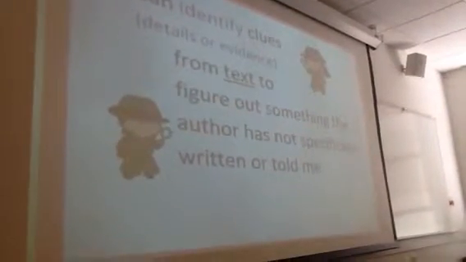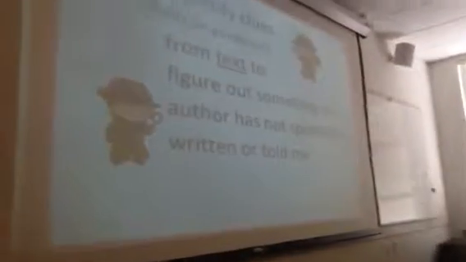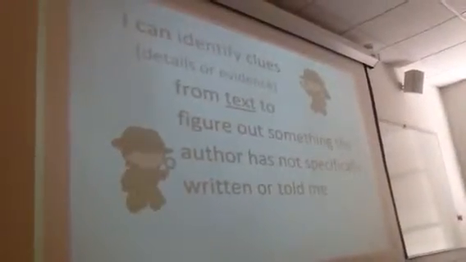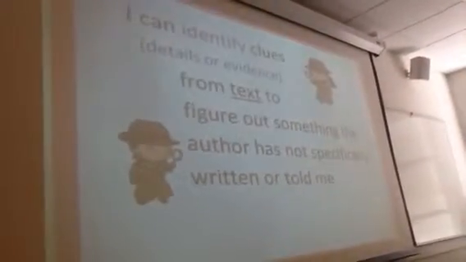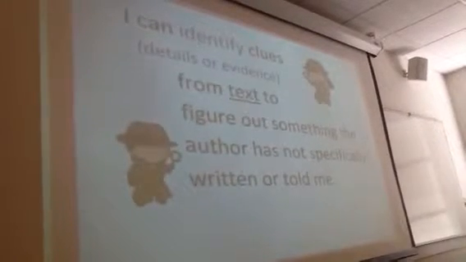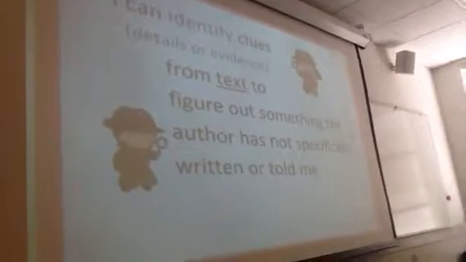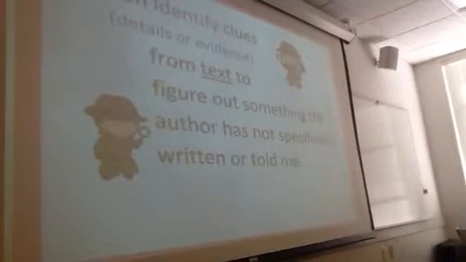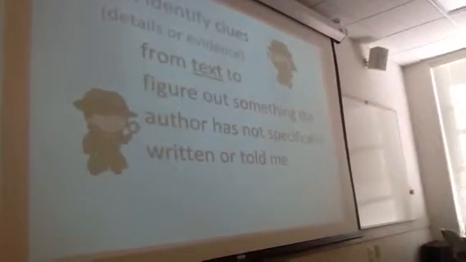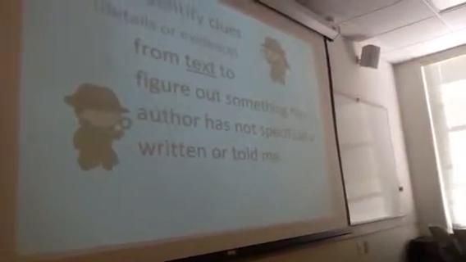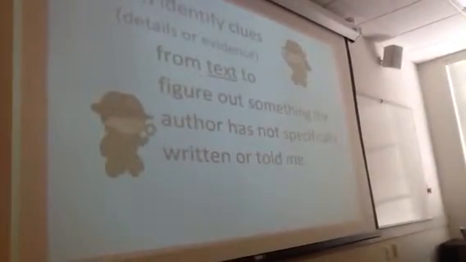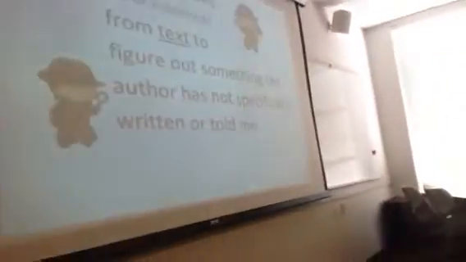We've been previewing what we're going to learn. Here is our learning target. I can identify clues. Again, our synonyms for clues are details or evidence from text to figure out something the author has not specifically written or told me. Just like our former definition, the definition on the website.